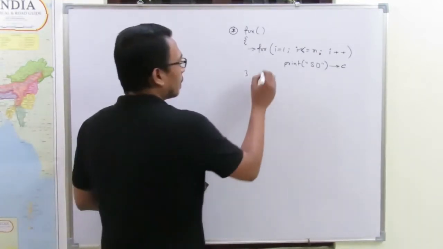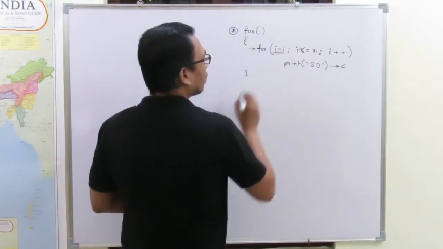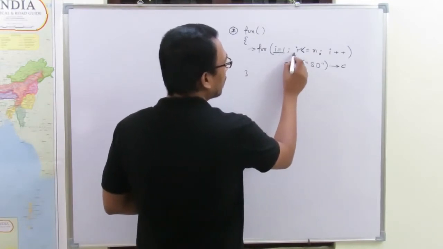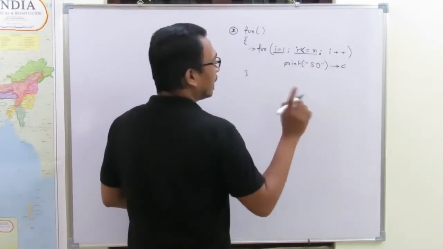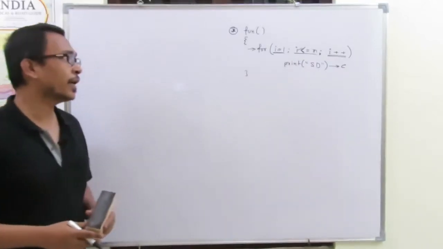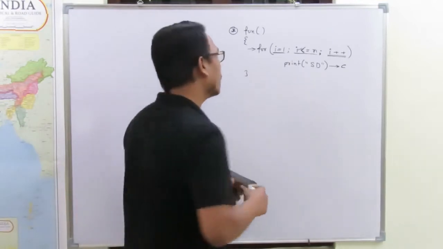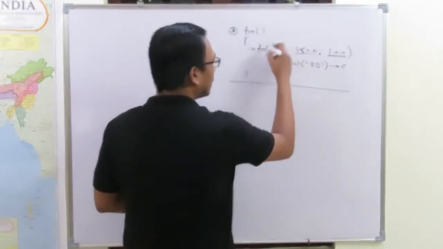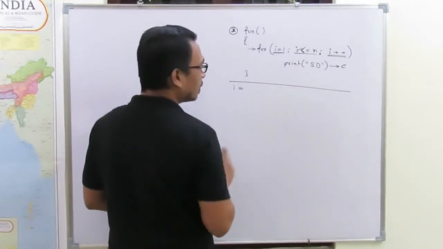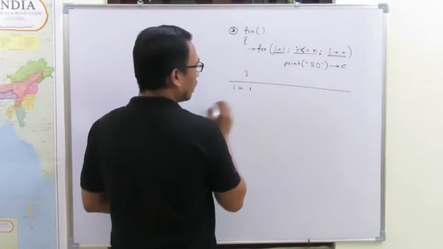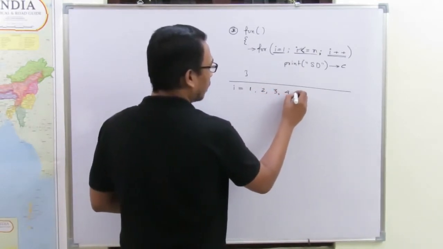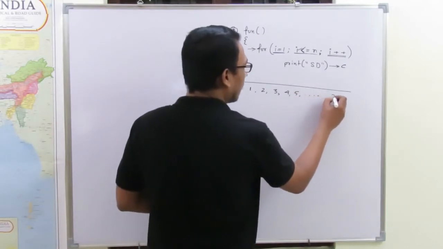So here the value of i starts from 1 and the iteration will continue till n, and each time the value of i is incremented by 1 only. That means for which values of i will this iteration execute? It will execute for the values 1, 2, then 3, then 4, then 5, like that till n.